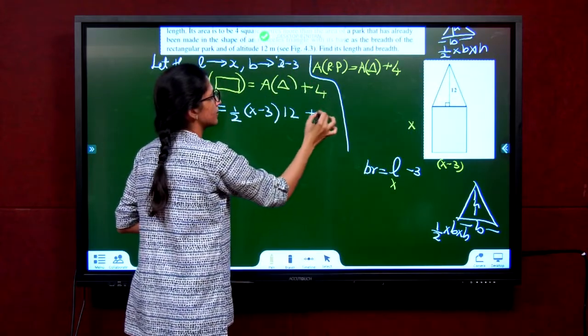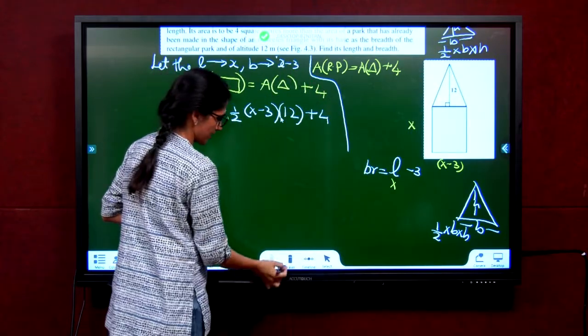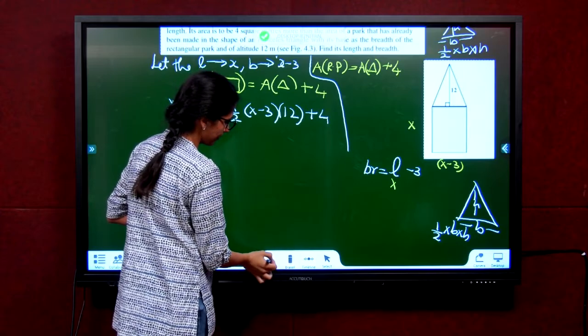12 plus 4. As you can see, this is all multiplication.